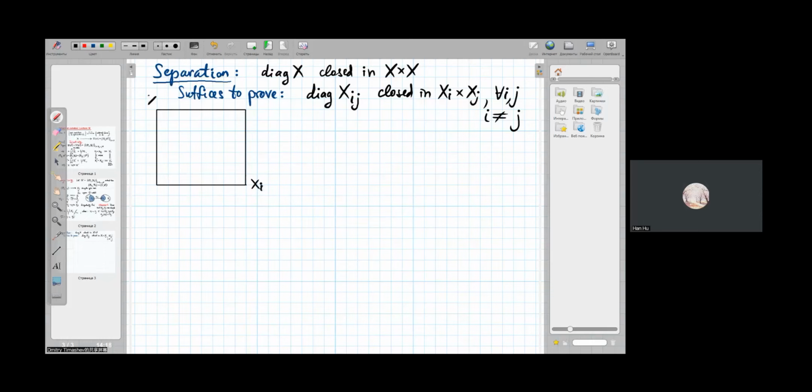The vertical thing is Xj. We have a product variety. And in this product variety, we have Xij and Xji. Let me put it in blue. So this will be say Xij. This will be Xji.